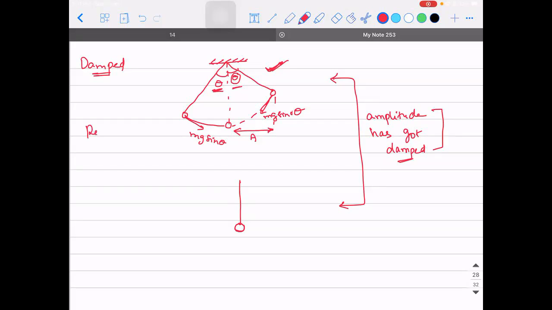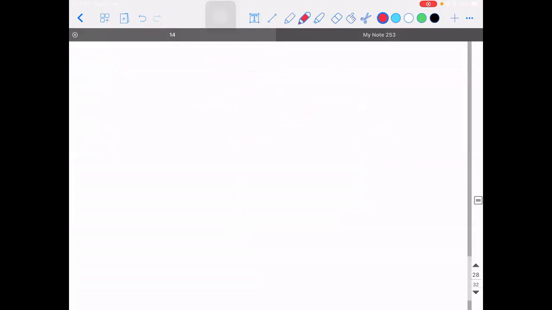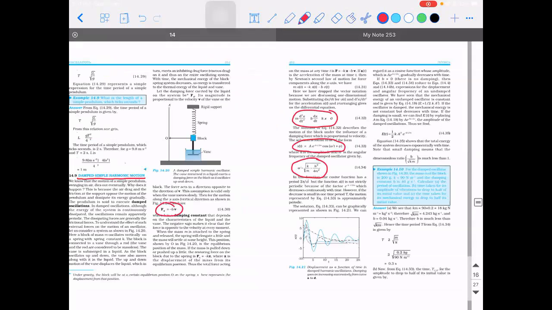Because of a resistive force acting on the system, and that resistive force is what is given here. This is the only thing you can know.